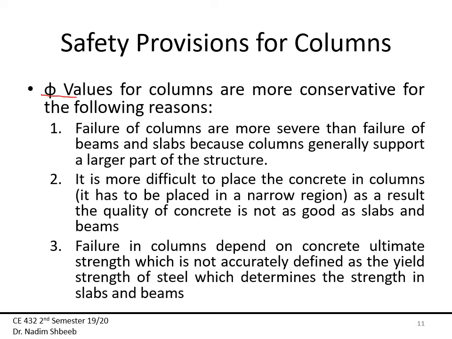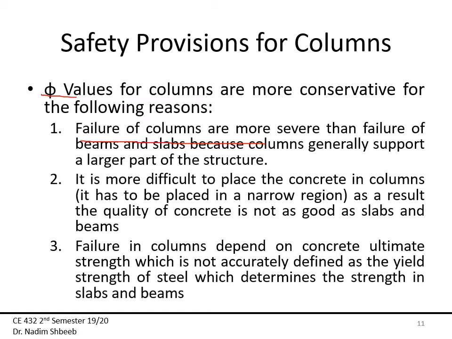Why do we do that? Well, first of all, and most importantly, the failure of a column is more severe and more detrimental to the structure. I can handle a beam failure. Okay, I can even handle a slab failure within limits, but I cannot handle a column failure. If a column goes, then the building is done.